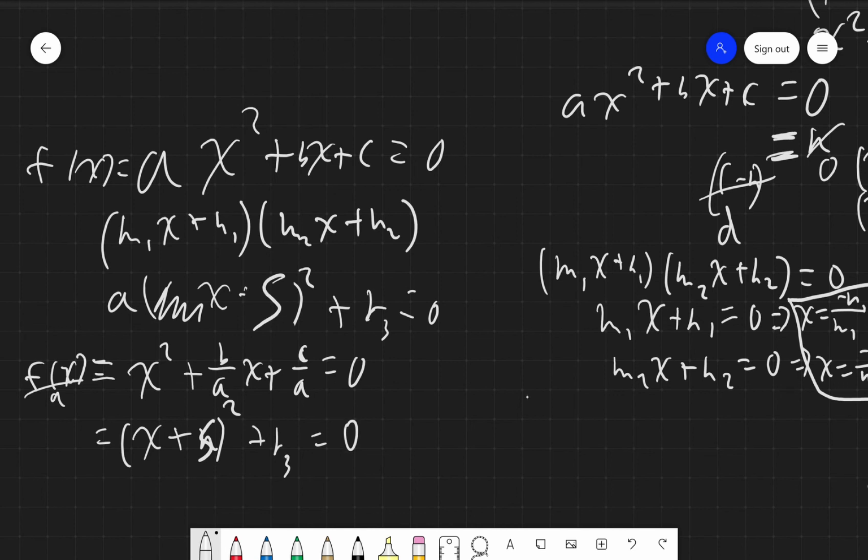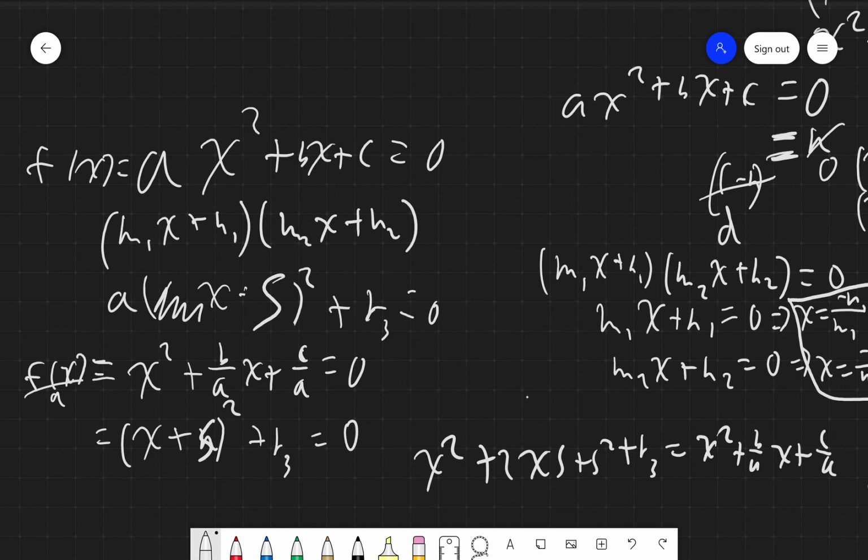So now we can expand it out to get x squared plus 2xs plus s squared plus r3 equals x squared plus b over a x plus c over a. We subtract these and notice that 2xs equals b over a x. So 2s equals b over a, and s squared plus r3 equals c over a.